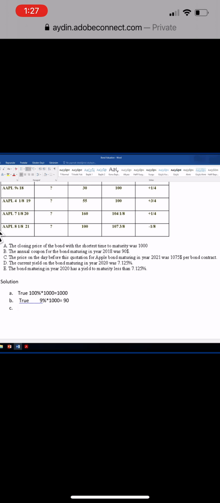So therefore, pay attention to the time, because this is important. So I'm going to go with 2021, and here we have the close price, which is 107.38. Let me write the ratios.